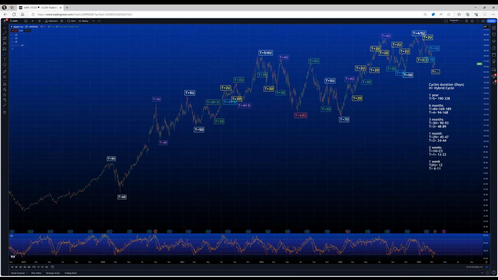And these are the fake moves of the markets. They do it because they want to put the traders in a trap. So it's a fake move.